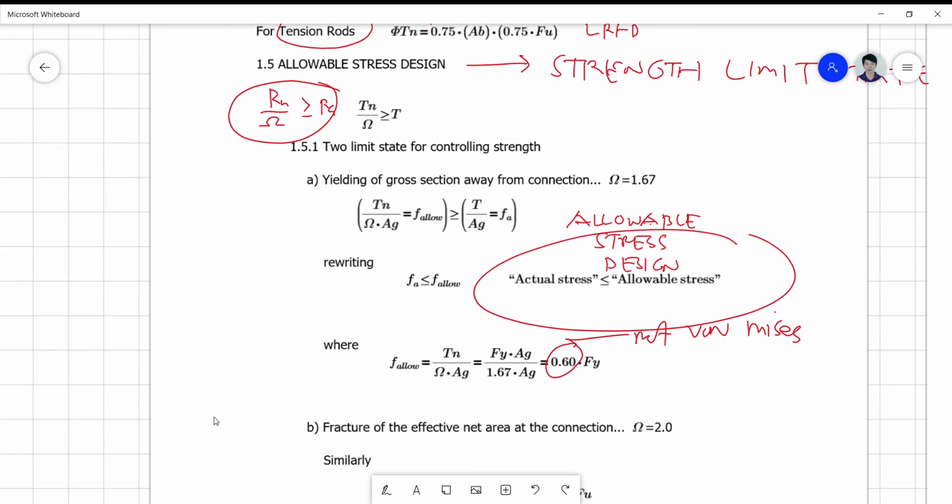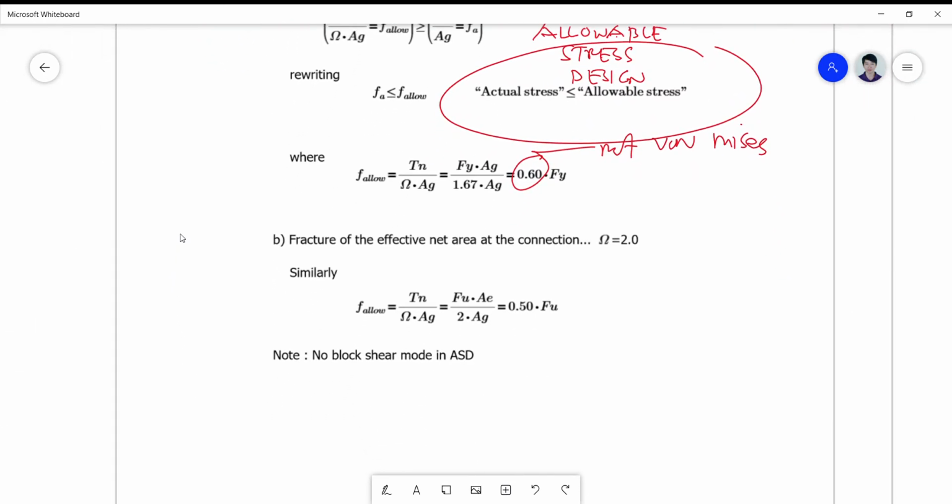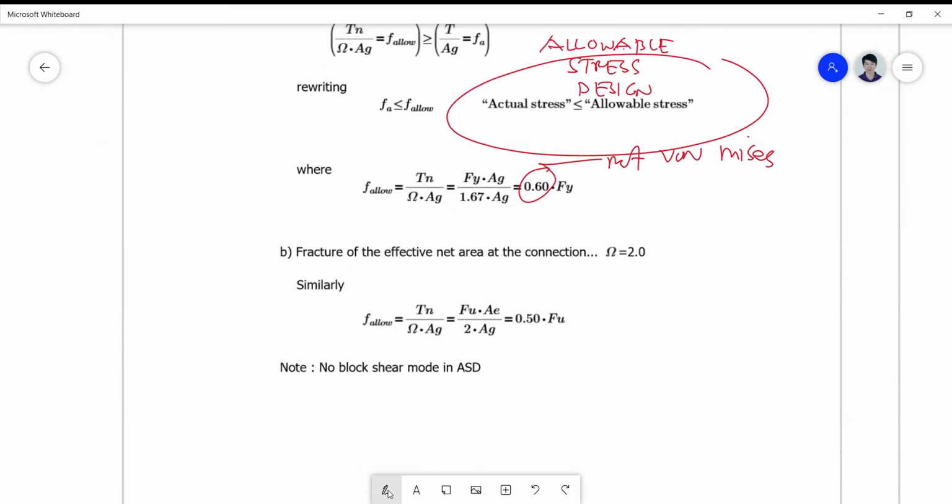So for the fracture of the effective net area of the connection, the procedure is the same, but the factor of safety was increased to 2, since we are talking here of connection. We increase your factor of safety to 2. It must be bigger. Why a bigger factor of safety?